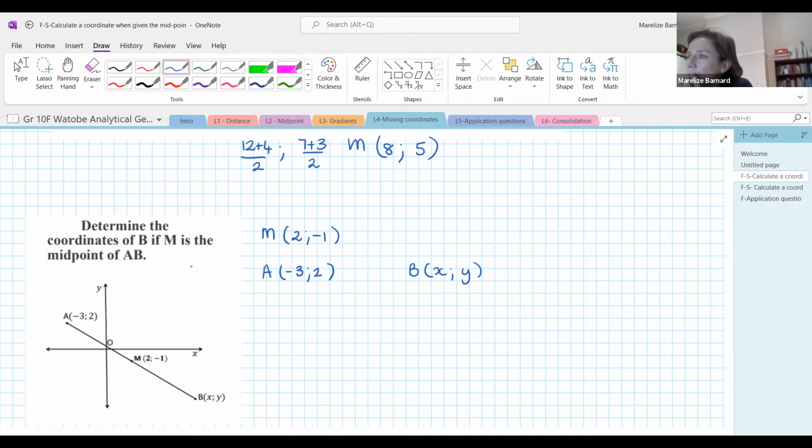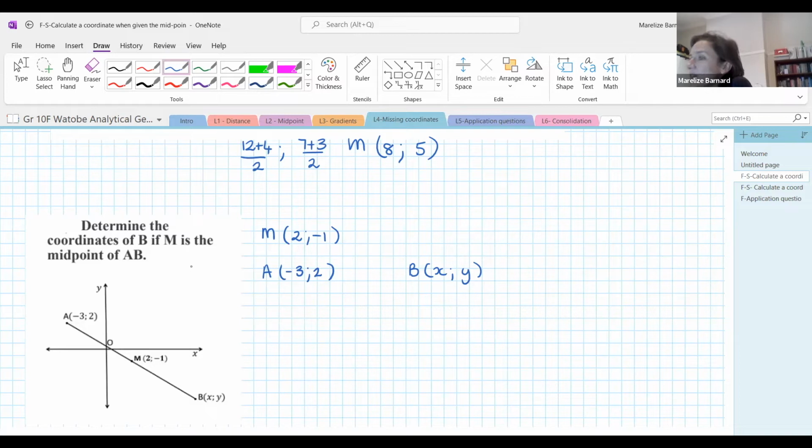And then the other 2 cancels out, and then x plus that coordinate goes down, and you take it to the other side, and if it's a positive it becomes a negative, and then you substitute it and get your answer. I hope that makes sense.